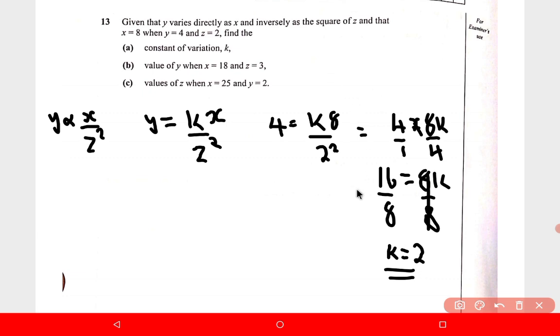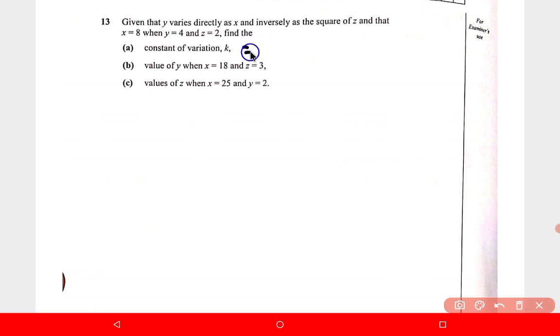So now that you know the value for k, you can rewrite this formula. Y is equal to k, so you put 2x over z squared. The first thing was finding the constant k, which we found to be 2. So I'm going to write y is equal to 2x over z squared.